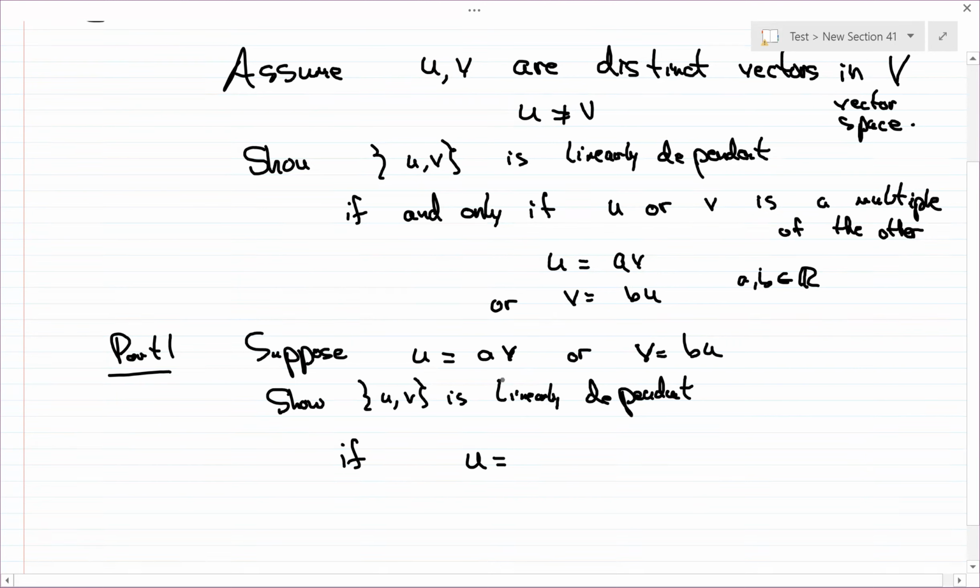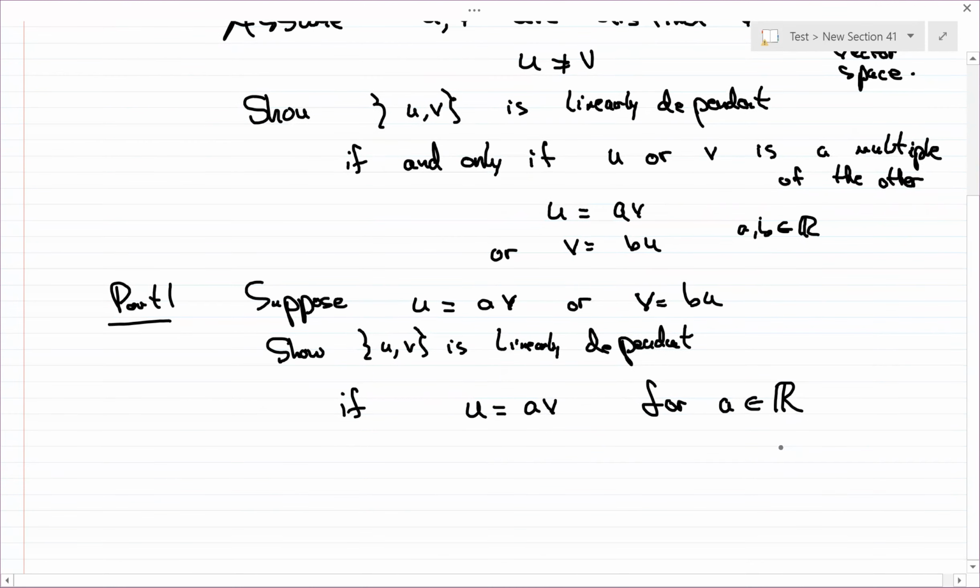If U equals aV for a real number a, then U minus aV would be equal to the zero vector.